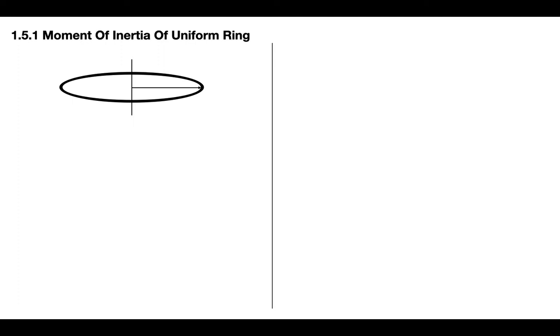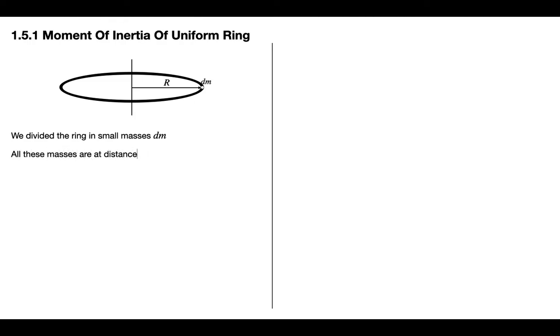Let's take as an example how to calculate the moment of inertia of a uniform ring having radius r. Similarly, we can divide the ring into small masses dm. All the dm masses are located at a distance r from the axis, which is the radius of the ring.